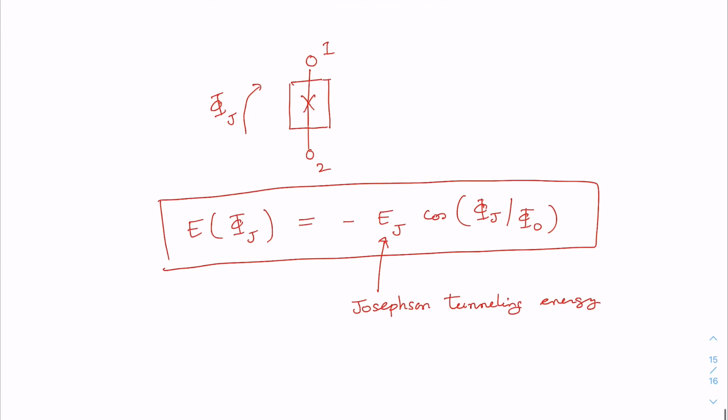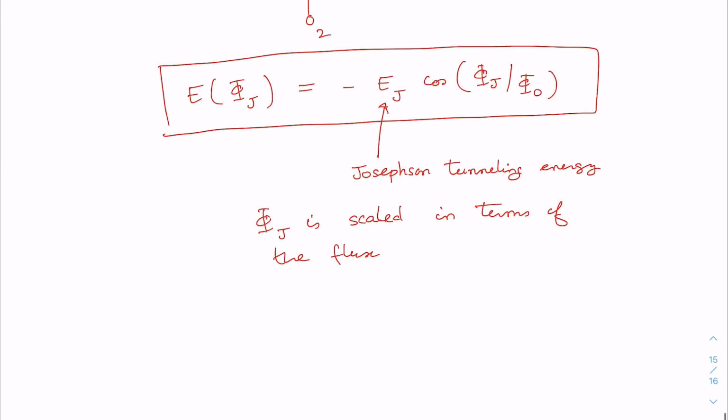And phi j is the magnetic flux, scaled in terms of the flux quantum phi 0, which, as you know, is h by 2e.